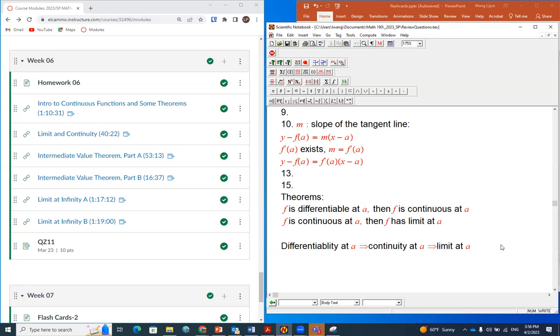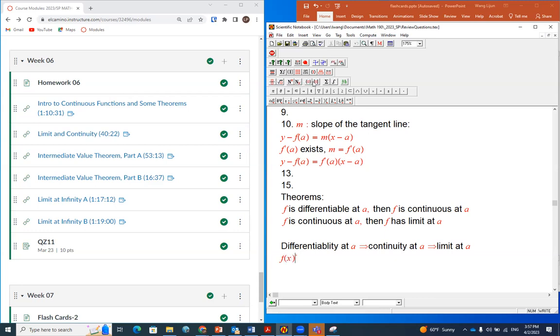And will the arrows be reversed? The answer is no. In each case, we have plenty of examples. In the lesson on limit and continuity, I gave examples showing that if a limit exists, it doesn't guarantee continuity. And if continuity holds, it cannot guarantee differentiability. Which function is powerful enough to illustrate that?